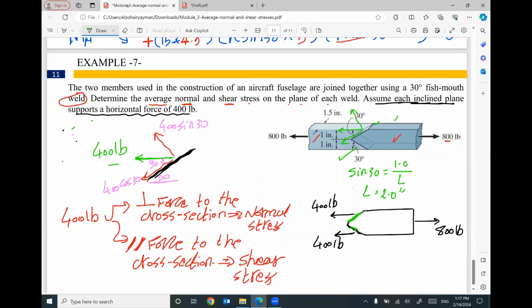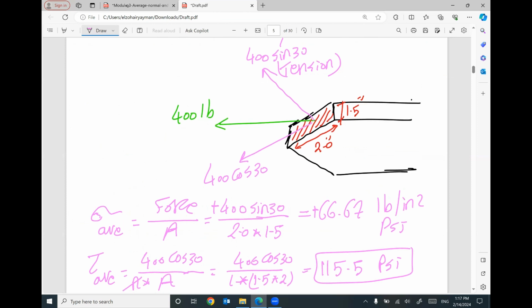So I break this force 400 pound using the given angle 30 into two components, one perpendicular and one parallel to the cross section. Once you get the forces on the cross section and you have the area, just go ahead and divide the force by area: the force perpendicular to get the average normal stress, the force parallel to get the average shear stress.